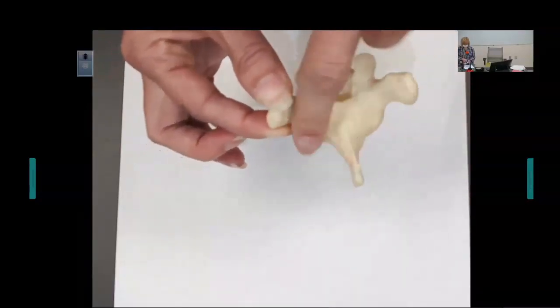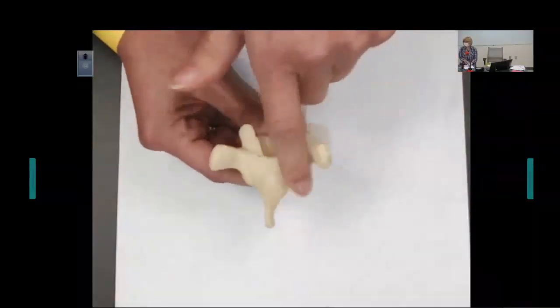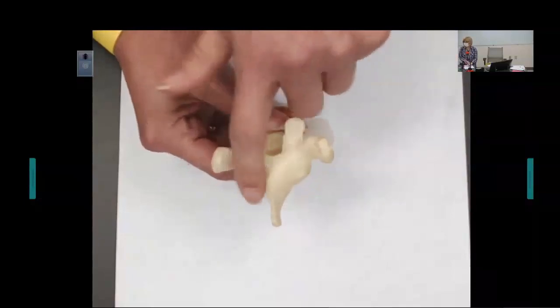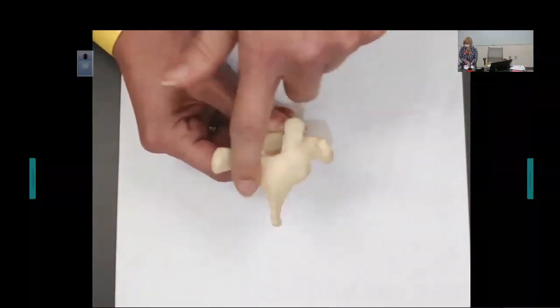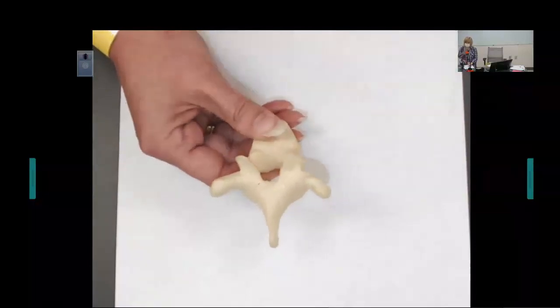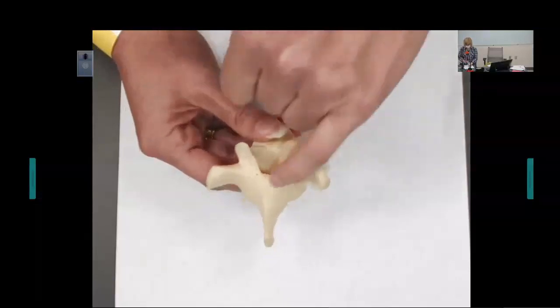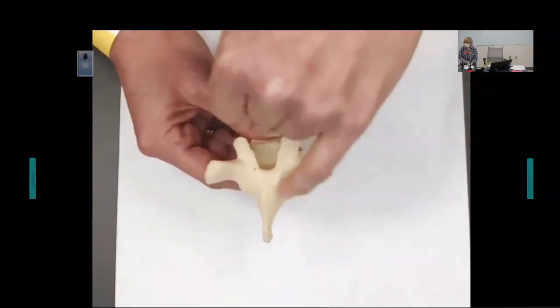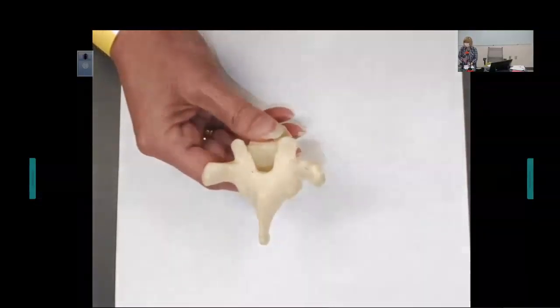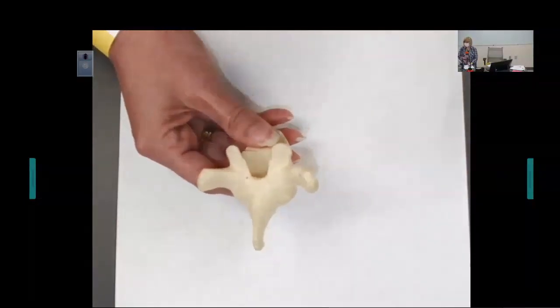This little part right here, lamina. We're going to label our piece of paper in just a minute. The reason this is an important structure: sometimes you'll have a bulging disc or something that will be pressing on your spinal cord. To relieve that pressure, many times they will cut right there in that bone and leave an opening in that bone, called a laminectomy, to release that pressure on the spinal cord.